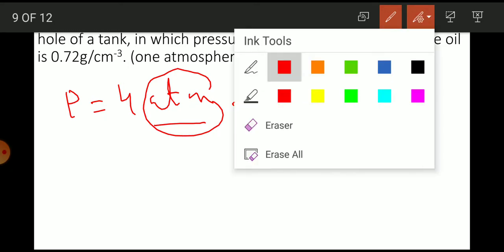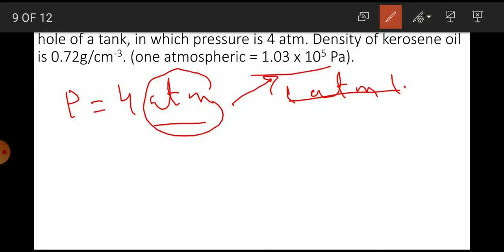The density of kerosene oil is 0.72 kilogram per meter cube.